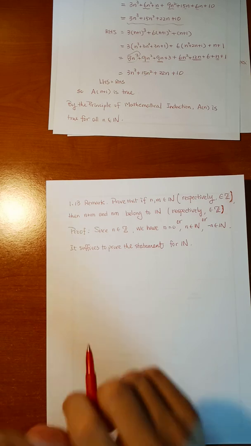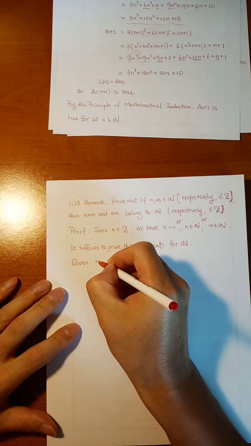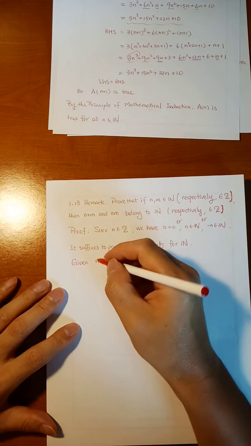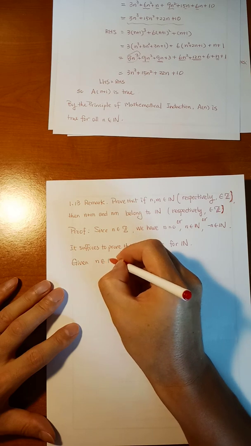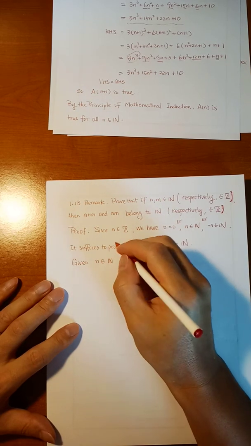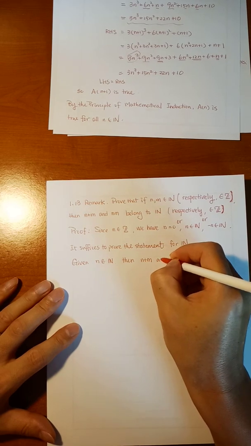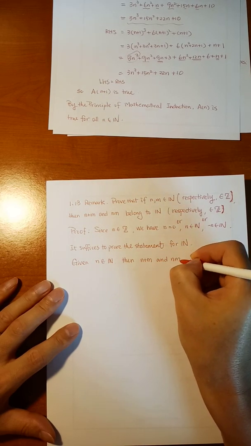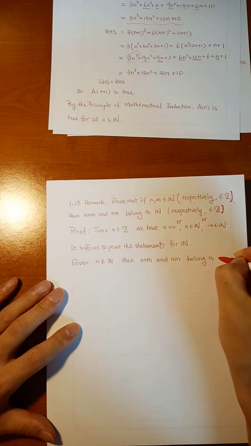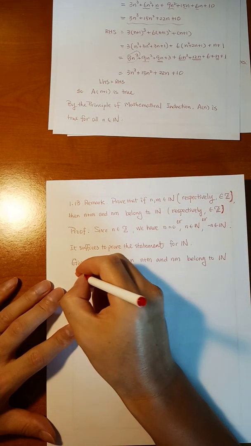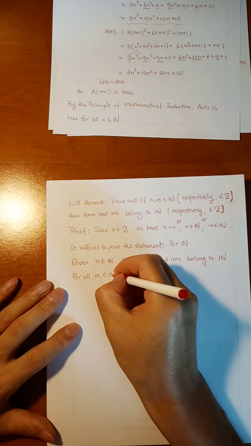Okay, so now what we are going to show is: given n belongs to the natural numbers, then n plus m and n times m belong to the set of natural numbers for all m belonging to the natural numbers.